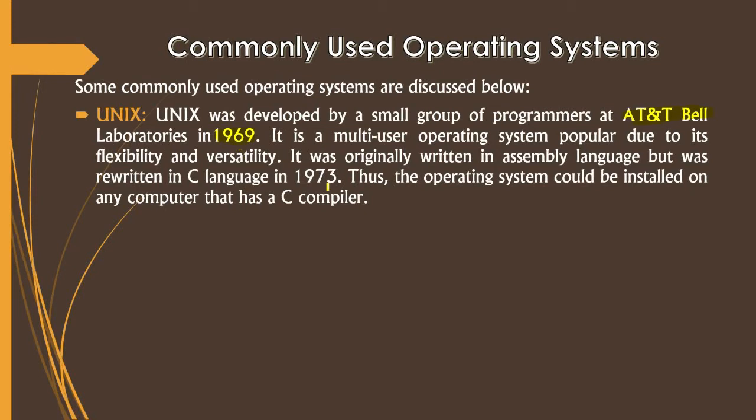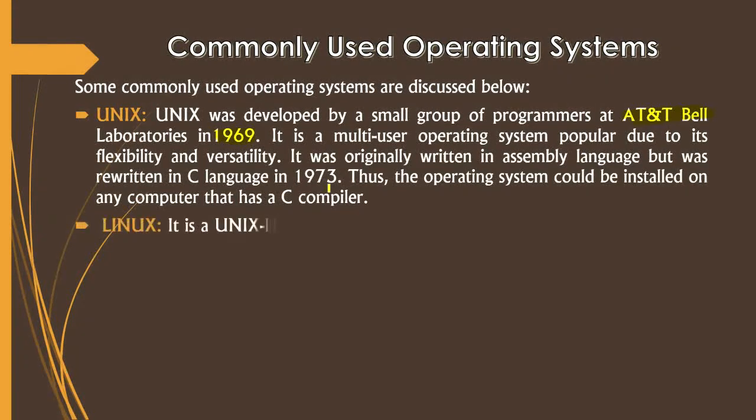From one system you can distribute to another system. And later on, what happened? They wrote it in C language, so that the operating system could be installed on any computer that has a C compiler. So any computer you can install it on. So they rewrote it in C language in 1973.